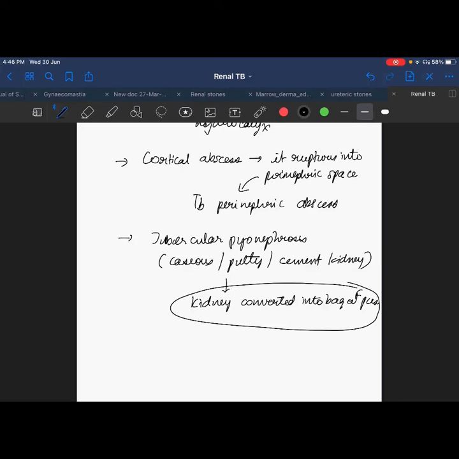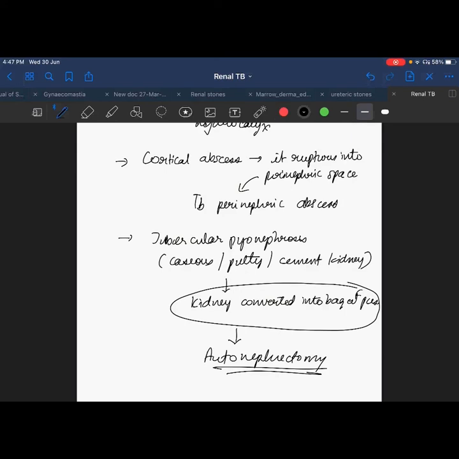Since it is converted into a bag of pus, and the kidney is no longer functioning at this stage, it undergoes a state known as autonephrectomy. It means the kidney is no longer functioning and is already destroyed.